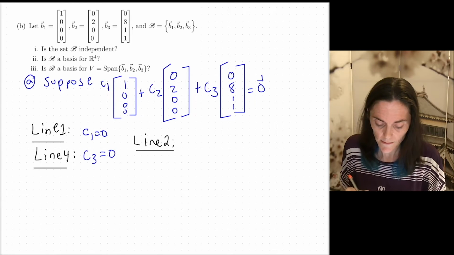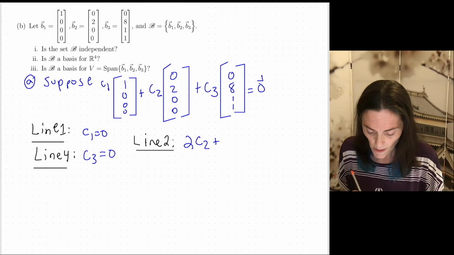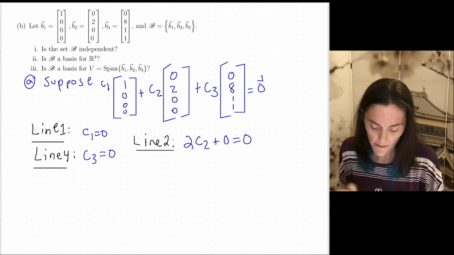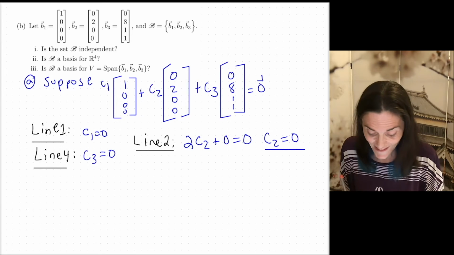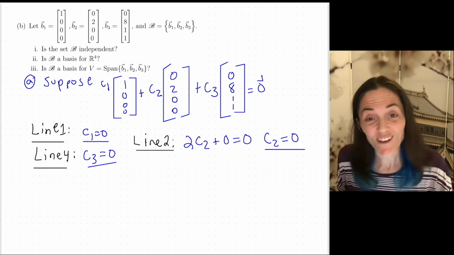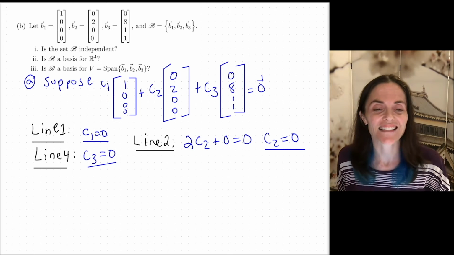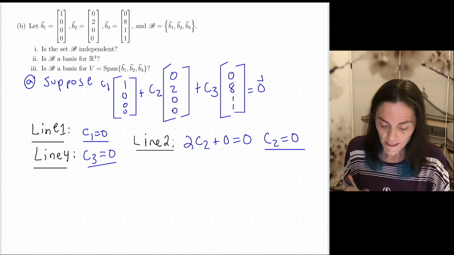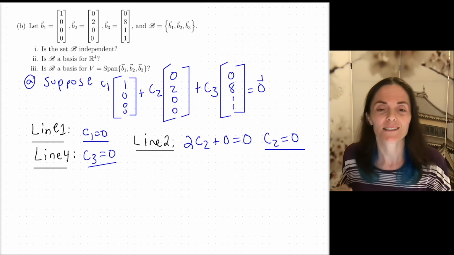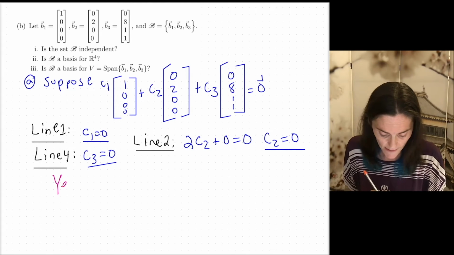This says 2C2 plus 8 times 0 must be 0, and we conclude that C2 is 0. Now, did you have to do it this way? No, you didn't. You could have just put these as columns in a matrix and transformed to row echelon form, seeing that the rank was 3. This would say the columns are independent. But I wanted to illustrate 2 different ways of showing vectors are independent. So part A, the answer is yes.